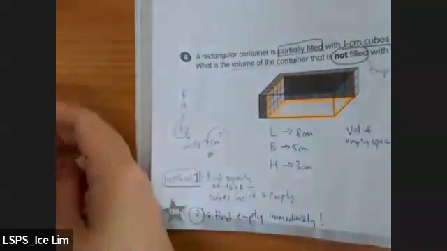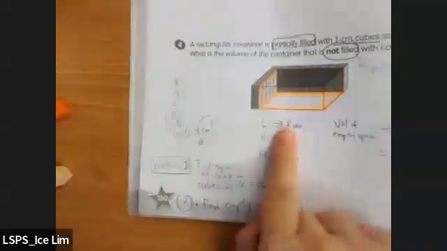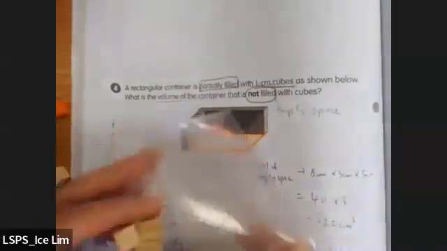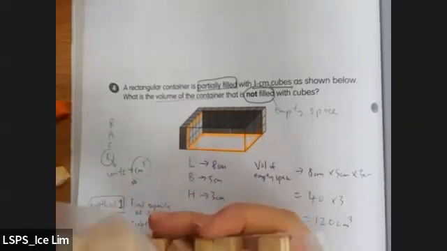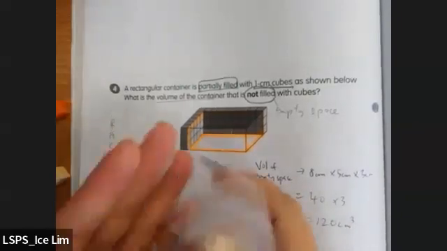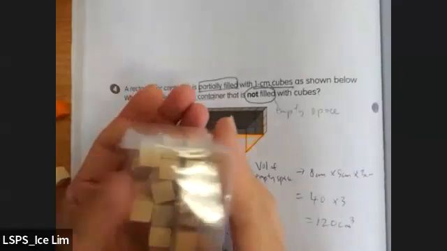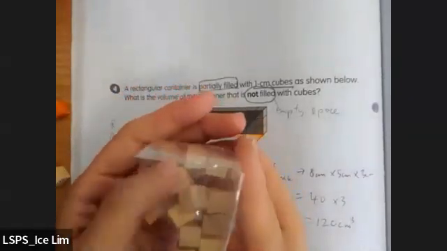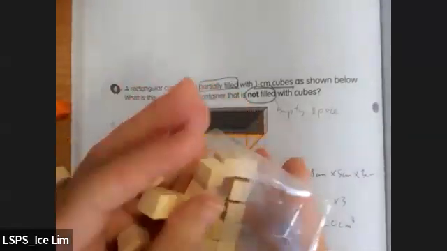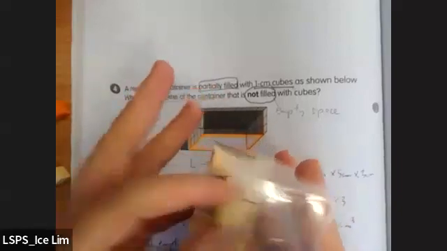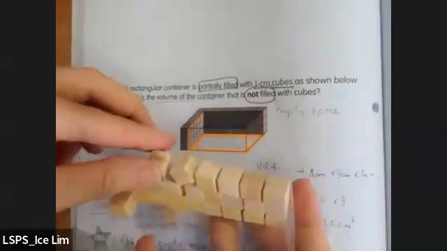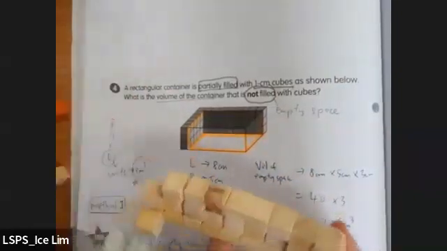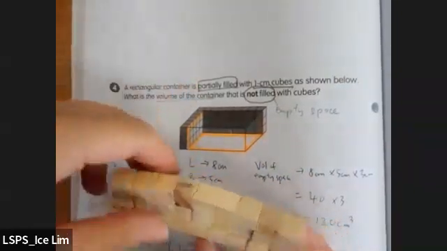So I could take my wooden blocks and, back at this question from yesterday, I was lining this up, 1 layer, on the side like this.